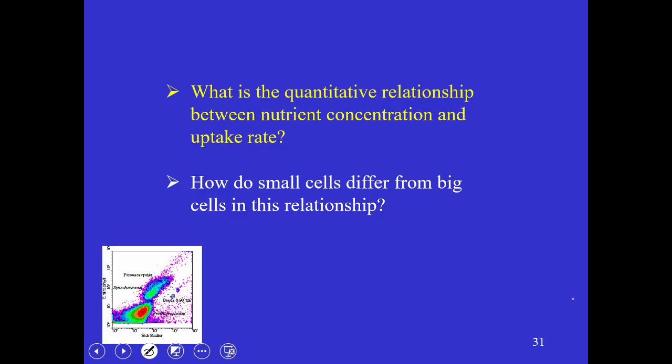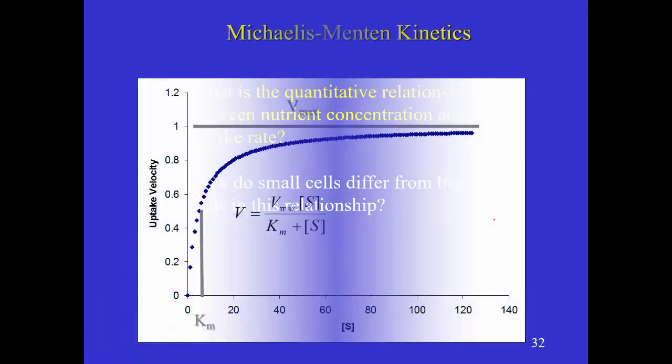So how does that translate into taking up nutrients? And how do organisms that are small compare to big organisms with regard to taking up nutrients? The surface area to volume ratio helps to explain it, but really what we need to look at is the actual rates of uptake of nutrients and growth of these organisms as a function of nutrient concentrations.